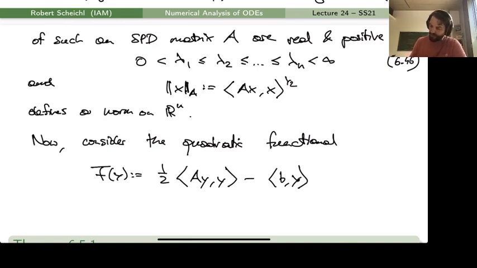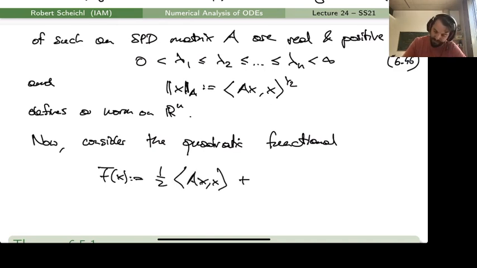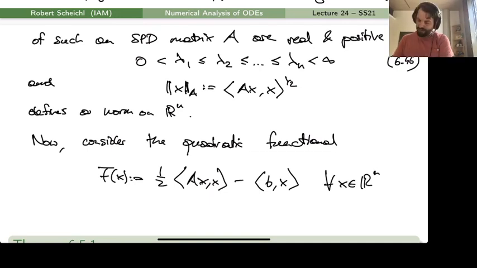In fact, I want to define this with x's. So f of x is a half Euclidean inner product Ax with x minus b, x for all x in Rn, and that's 647.